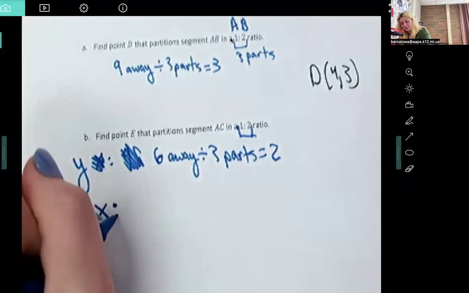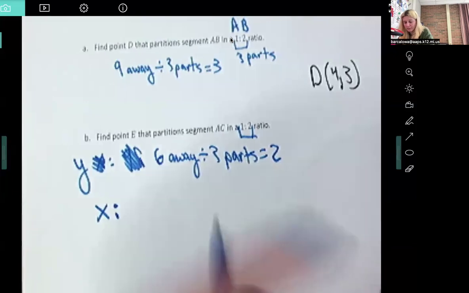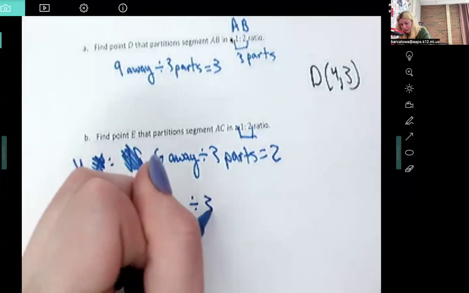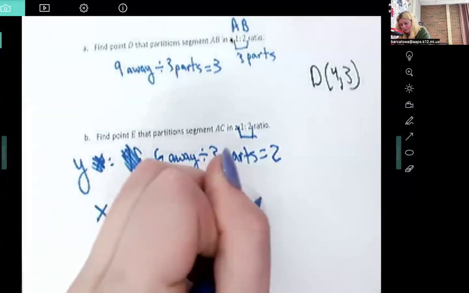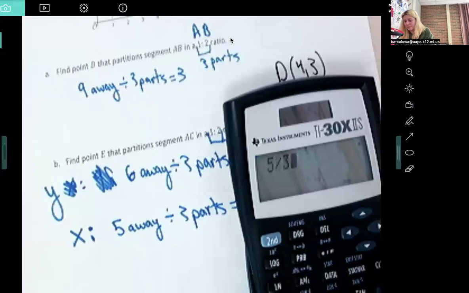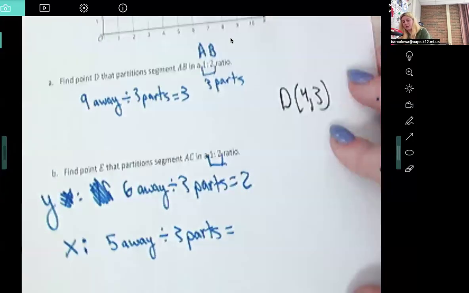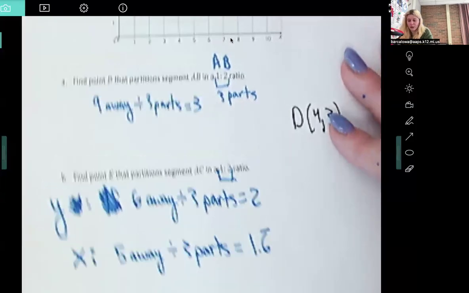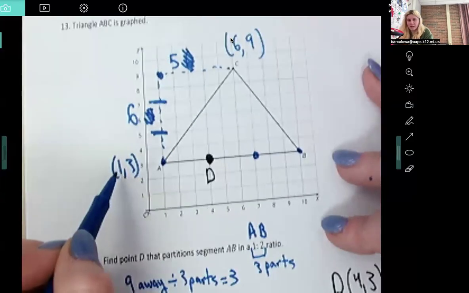Okay. Along my X, it's going to be a little more complicated because they're 5 away, split into 3 parts. So each divider has to be, what's 5 divided by 3? 1.6 repeating apart. Right now my X coordinate is 1.